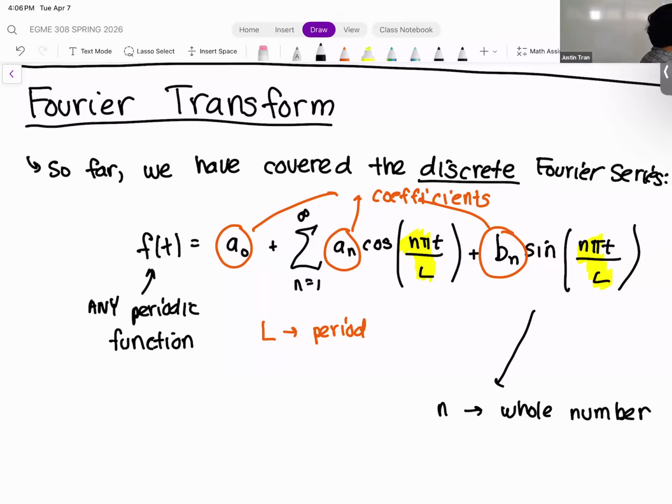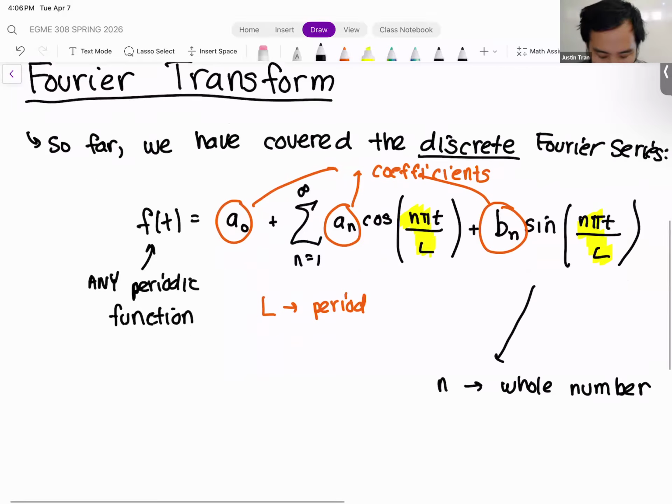Now, granted, n does eventually go up to infinity, but we can only look at frequencies pi over L, 2 pi over L, 3 pi over L, 4 pi over L, and so on.